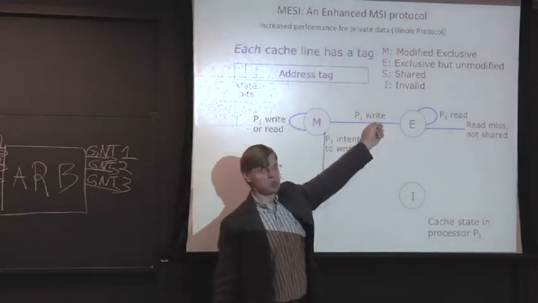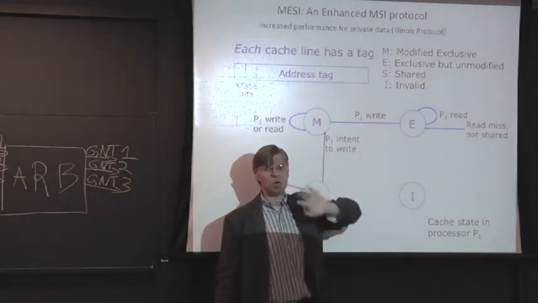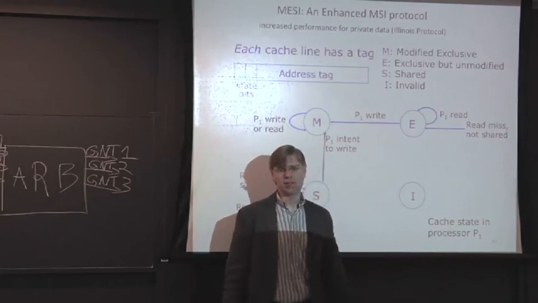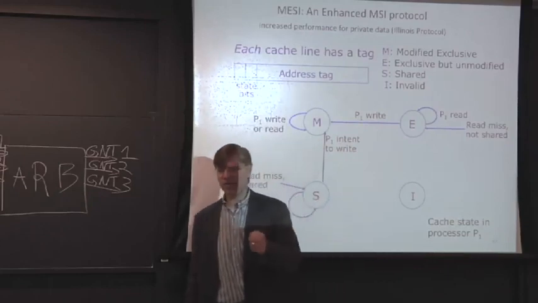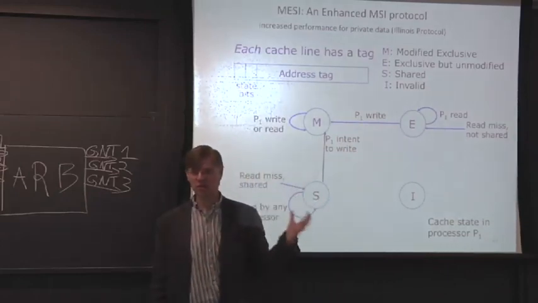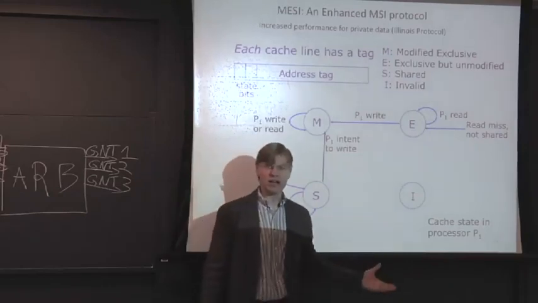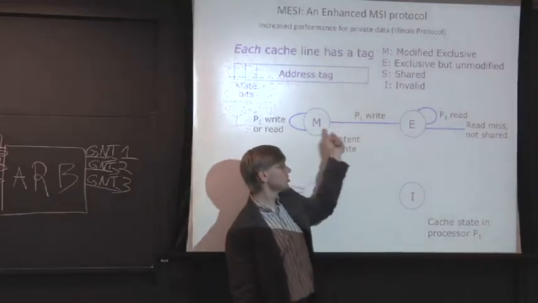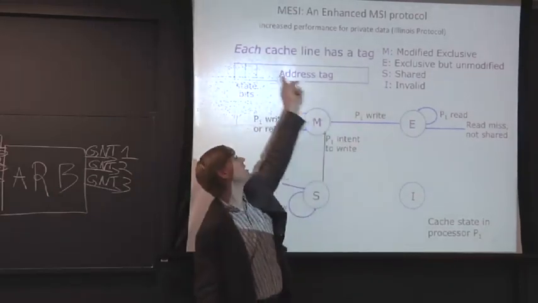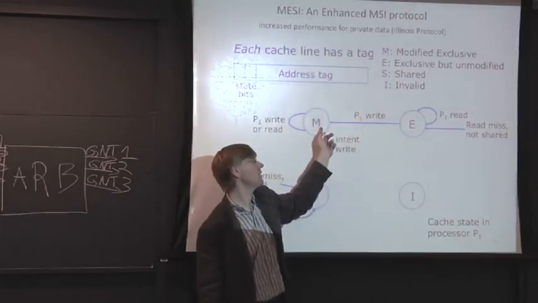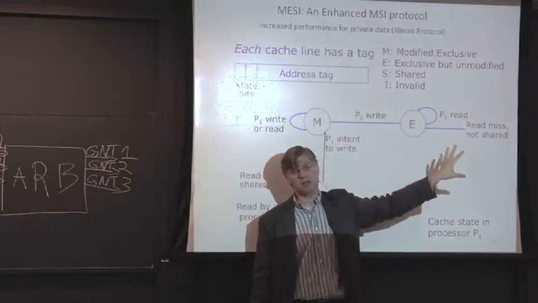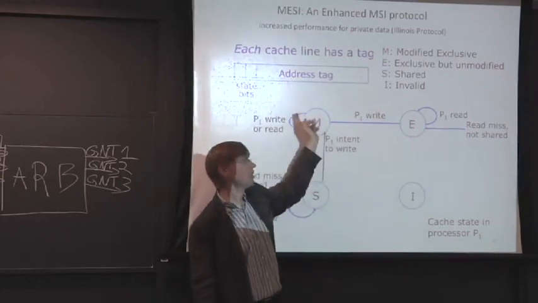When you go to do this write, you don't have to tell anybody about it. As far as everyone else is concerned, you had an exclusive copy, and now you have a modified copy. You just transition the state bits here to the modified state, and do the write. So you transition and then do the write.